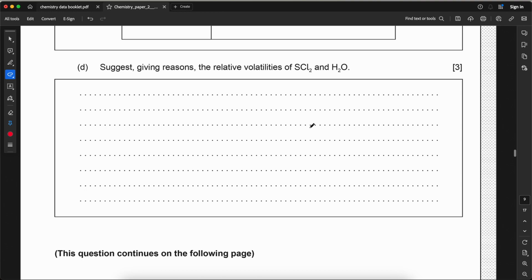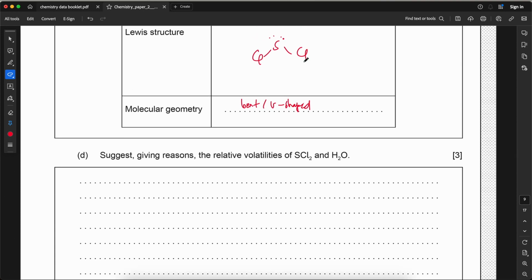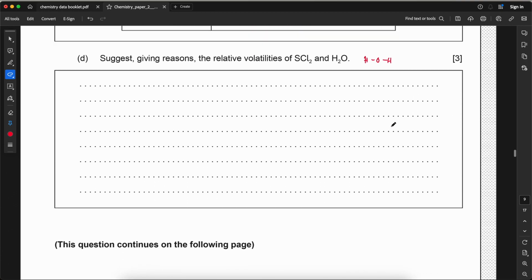Suggest, giving reason, the relative volatilities of SCl2 and H2O. SCl2 has, as you can see from here, lone pairs, so it's a polar molecule, has dipole-dipole forces, and H2O has hydrogen bond between O and H.